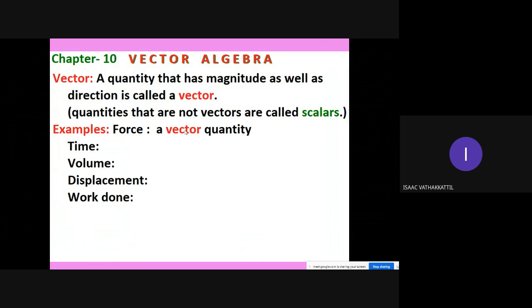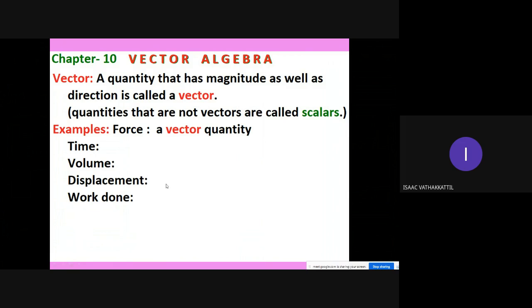But if you take time, you may say how much time, but you cannot say in which direction. So time is a scalar quantity. Volume, you can say how much volume. There is no question of in which direction. Volume is a scalar quantity. Displacement, you can ask which direction and how much. So displacement is a vector quantity.